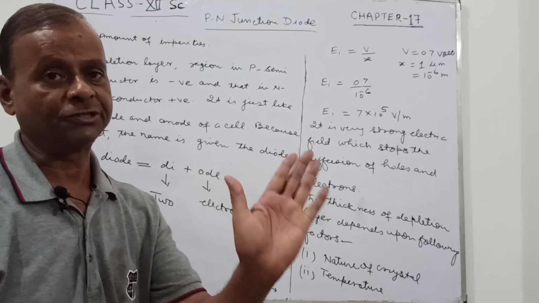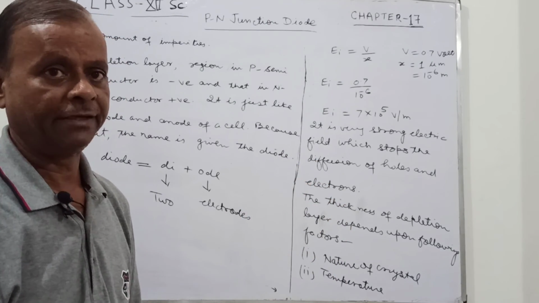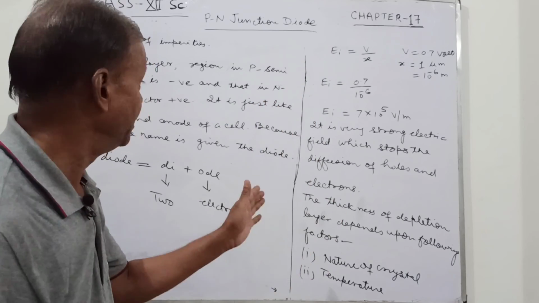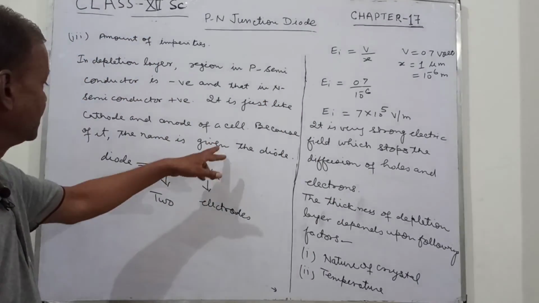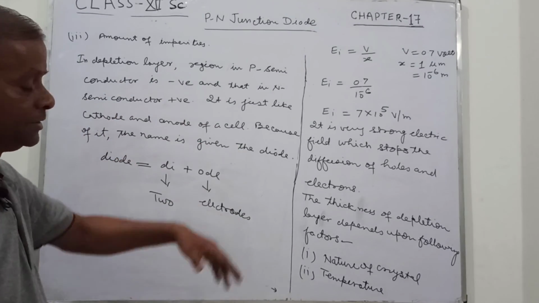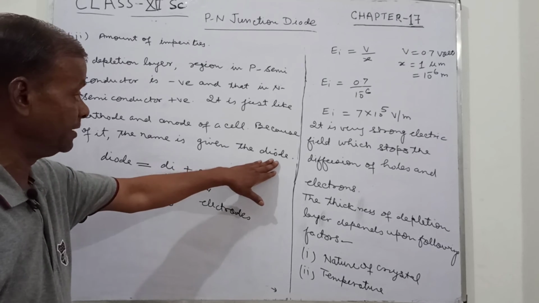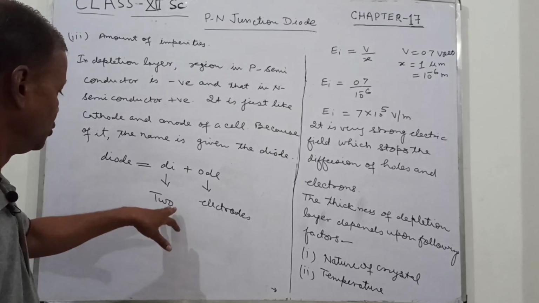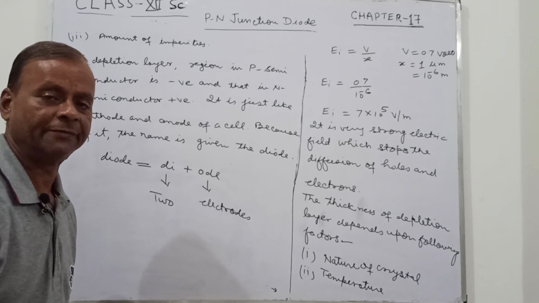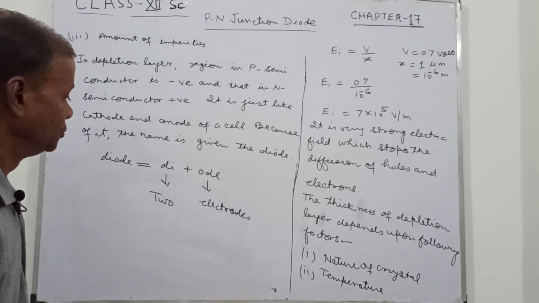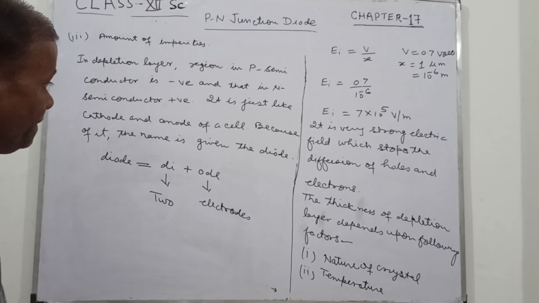So negative and positive ions form a layer, that is called the depletion layer, and this negative ion behaves like the cathode, and the positive ion behaves like the anode. So we give the name diode. Di means two, ode means electrode. This is just like having two electrodes. So the depletion layer is just like a diode.